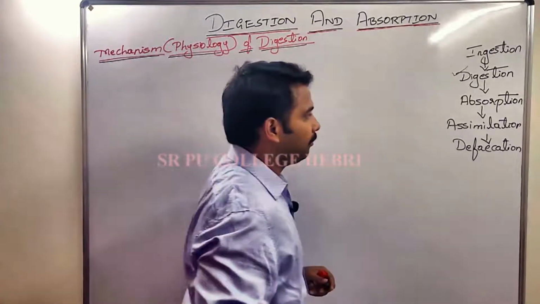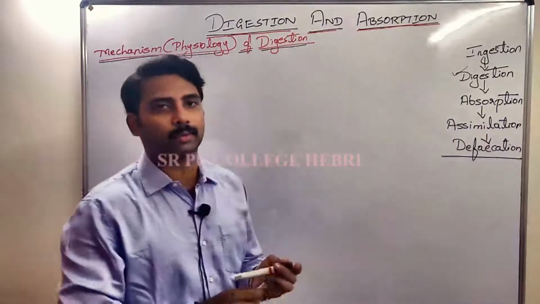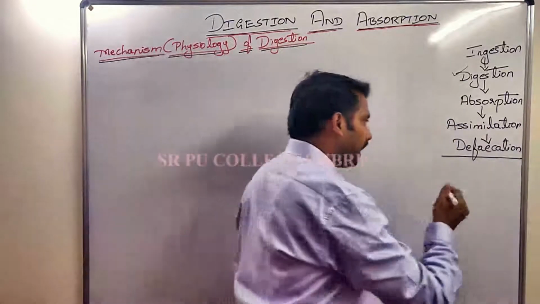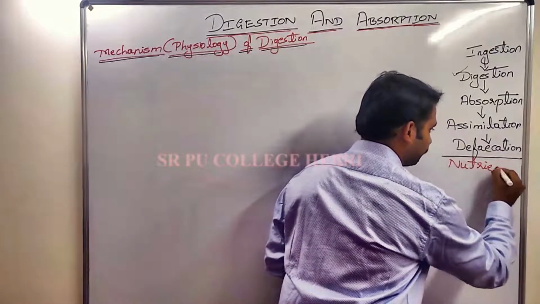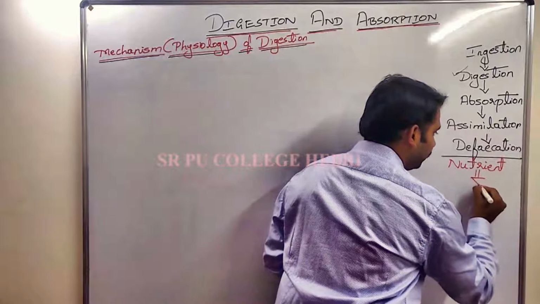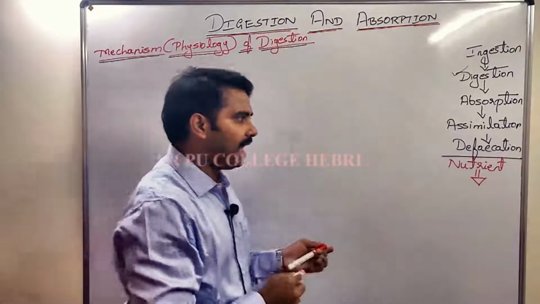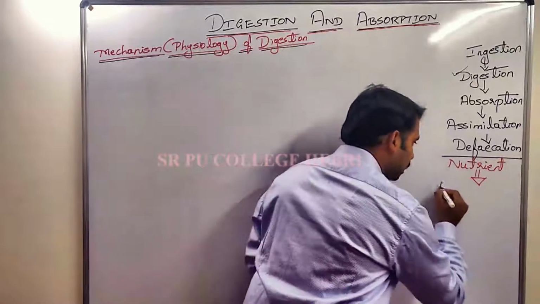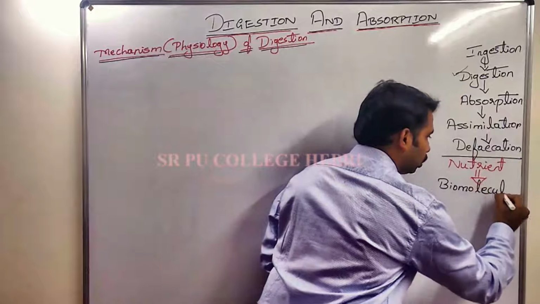Now, before starting that, one more very important thing that we should know is, if you take our food, we can call it a nutrient. The food which we take inside has different nutrients, or even I can say our food has various biomolecules.